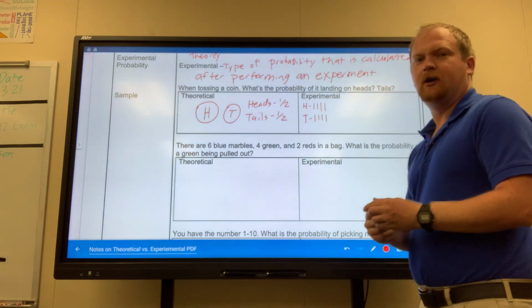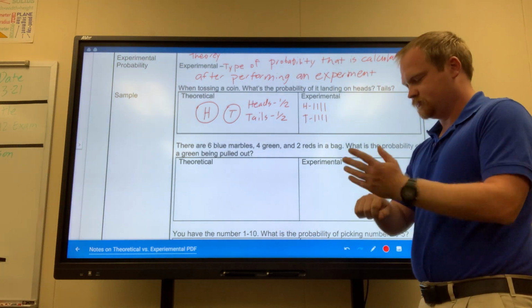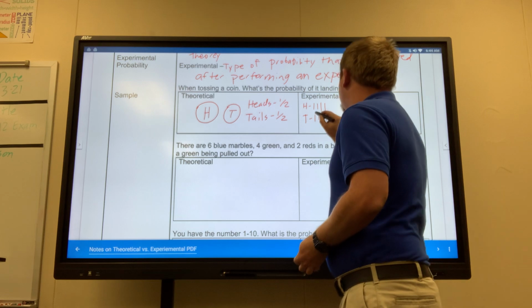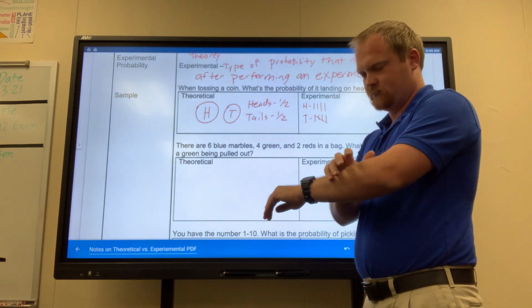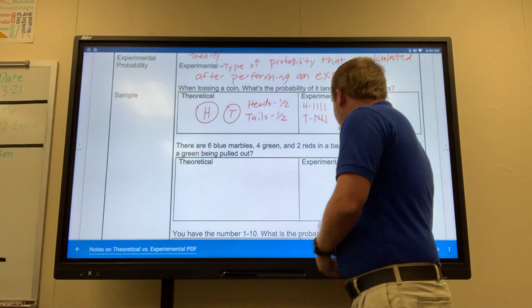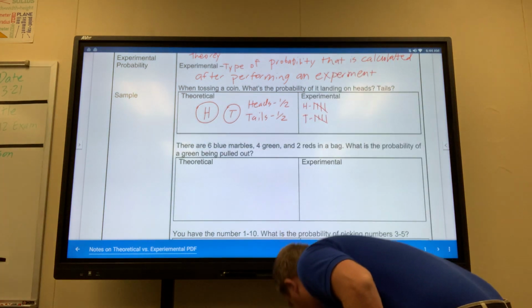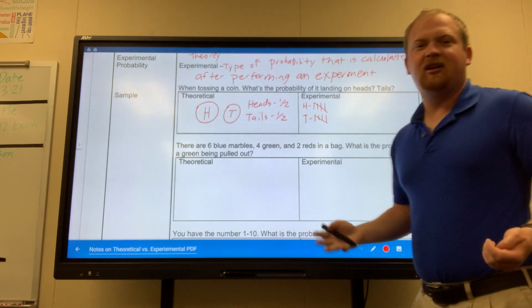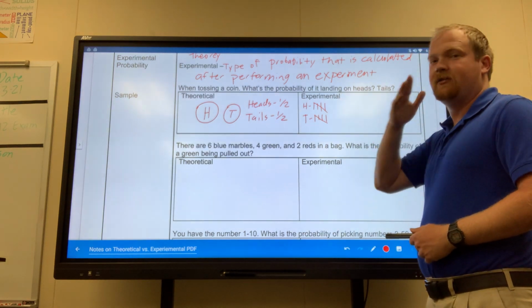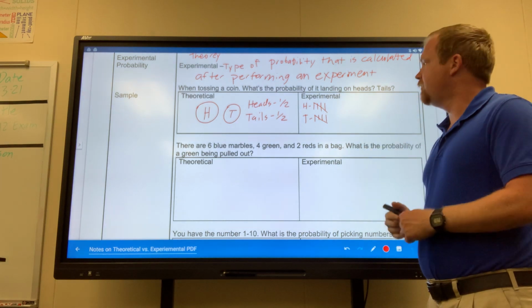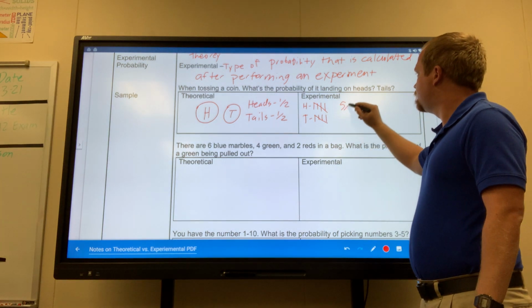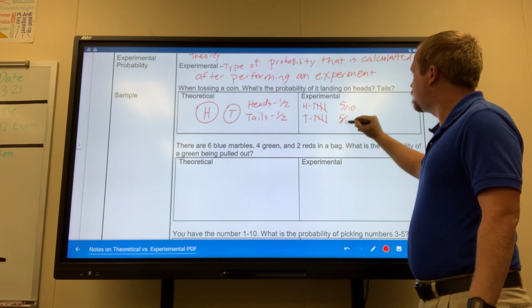And so far, it seems pretty even, and it's dead on. So out of 10 chances, we got 50-50%. We got 5 out of 10, 5 out of 10. Okay?